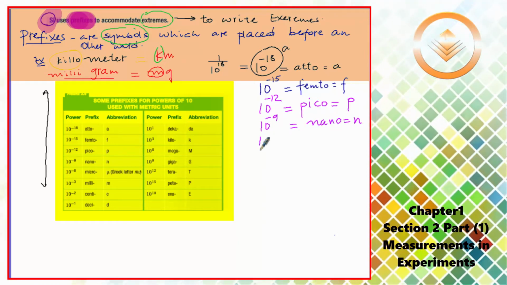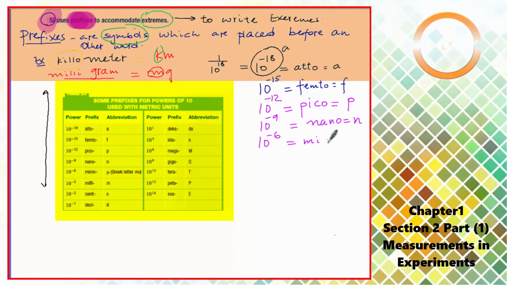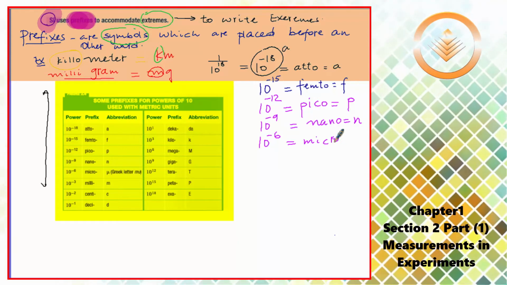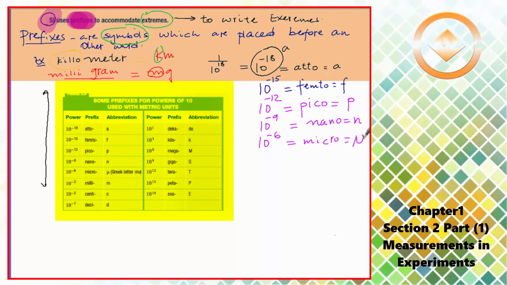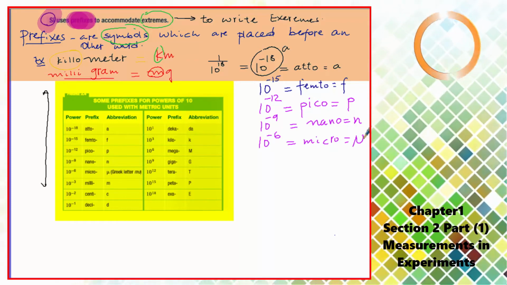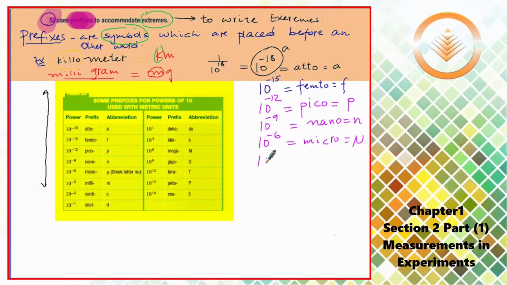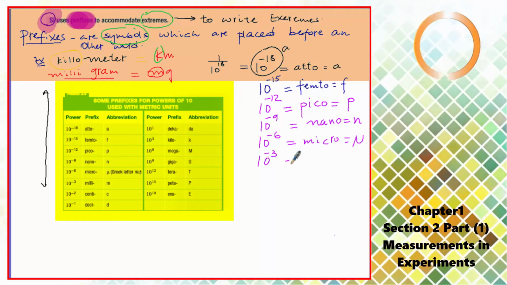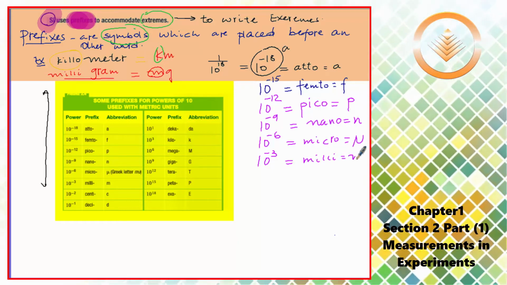The other one is 10 to the power of negative 6, called micro. Its symbol is a Greek letter called mu. The other one is 10 to the power of negative 3, which is milli, which is a small letter m.